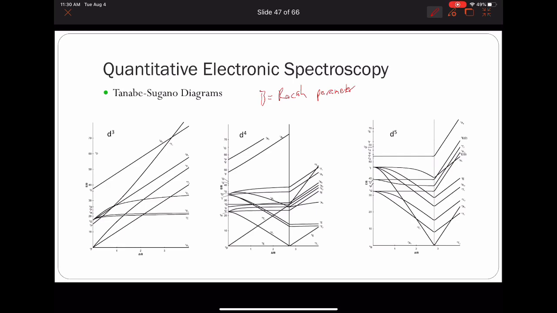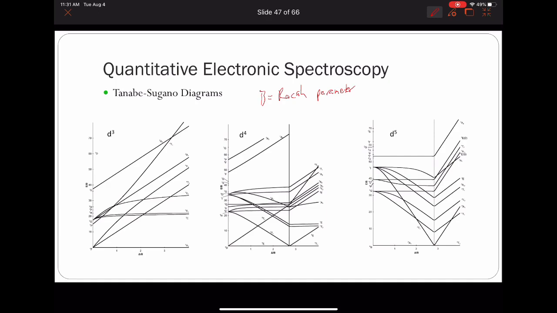When delta octahedral over B is greater than approximately 2.8, then we end up going into the low spin environment. That necessarily means there are different electronic excited states that are allowed, or in other words, there are different electronic transitions that are expected to be observed.